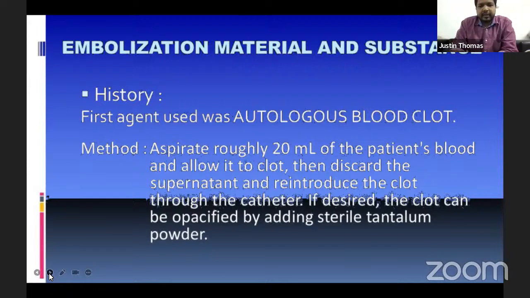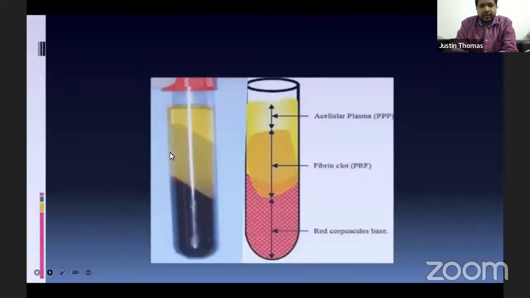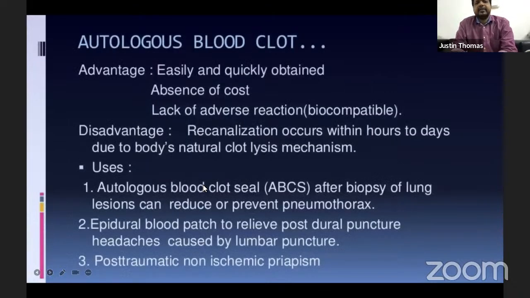When it clots, a supernatant of acellular plasma is formed, which can be discarded, and the remaining fibrin clot formed above the RBC base can be used as an embolizing agent. The advantages are that it is easily and quickly obtained, very cheap, and due to its biocompatible nature, it has fewer allergic reactions.